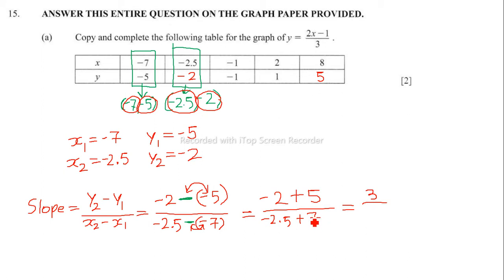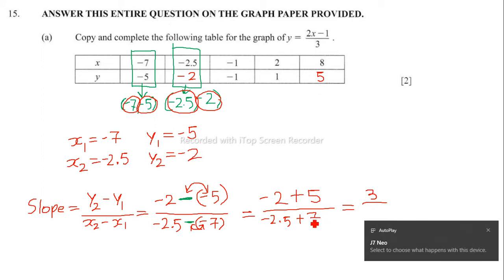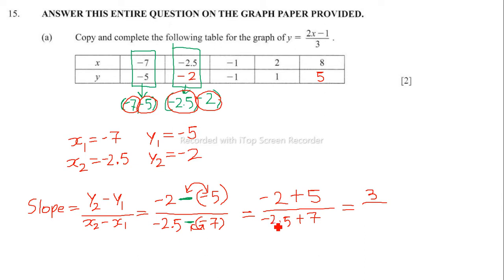And if you have $7 and you owe 2.5, how much do you still have? 9.5? It can't be 9.5. You have to pay the people the 2.50. So it's 4.5.